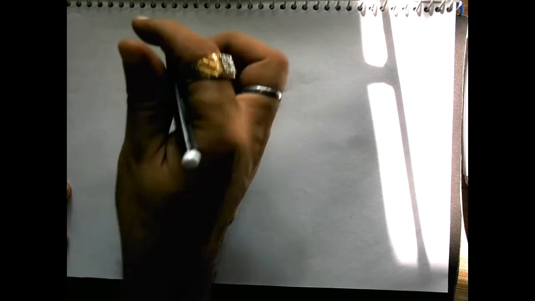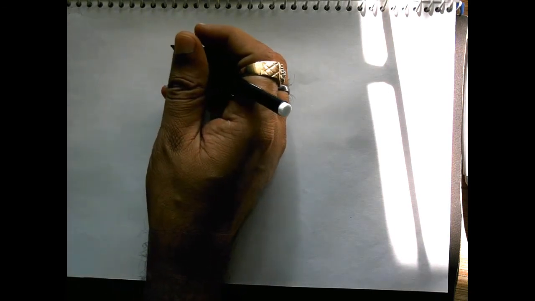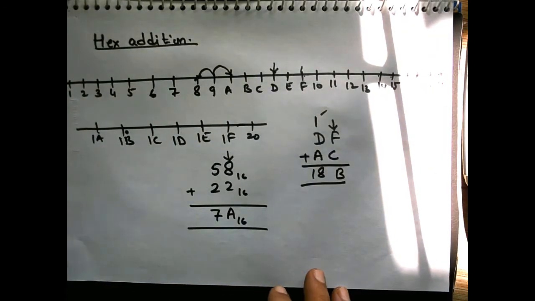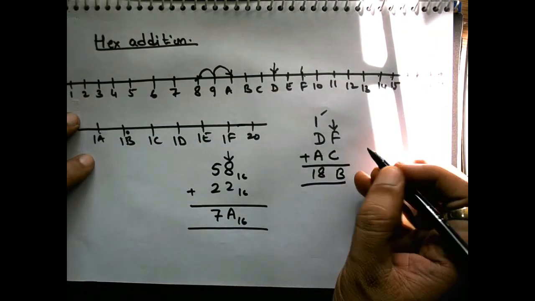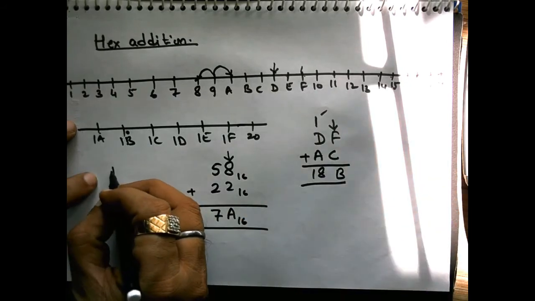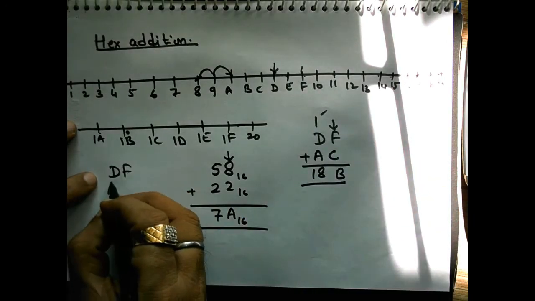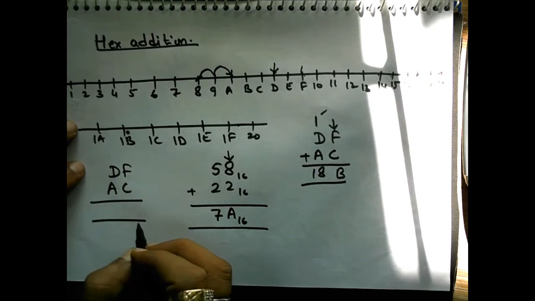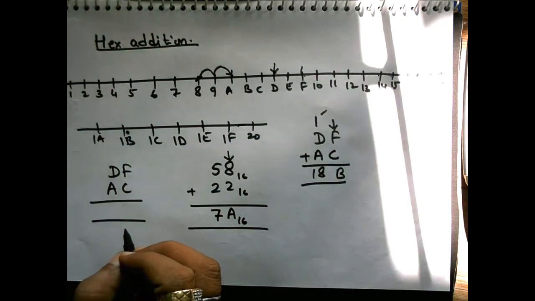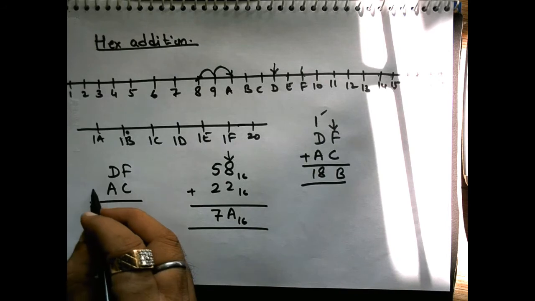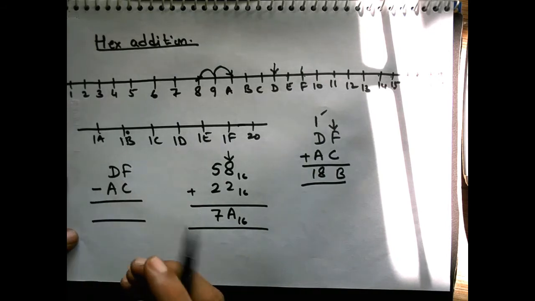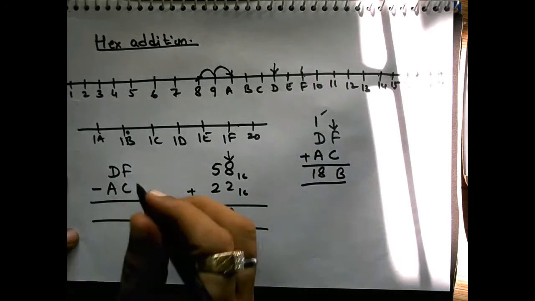Just for example purposes, I will write one or two subtraction problems. Suppose the same AC has to be subtracted from DA, how can you perform it?